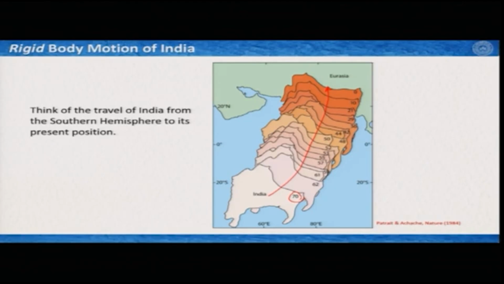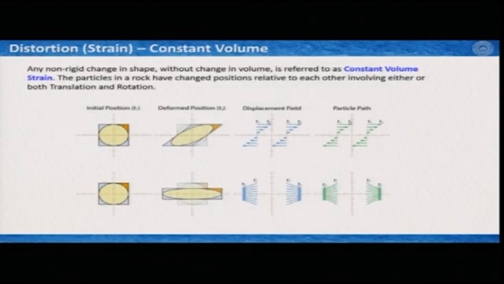But let us have a look at what happens when we talk about deformation or distortion and volume change. Distortion, or strain at constant volume, is defined as any non-rigid change in shape without change in volume, referred to as constant volume strain.